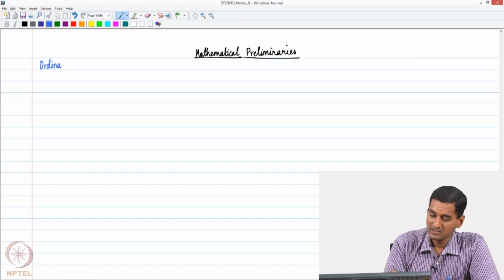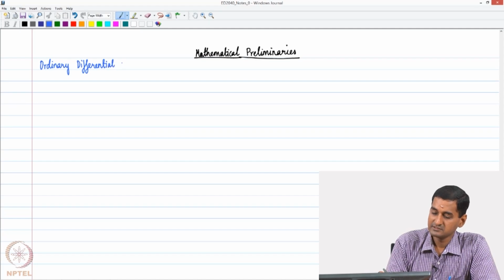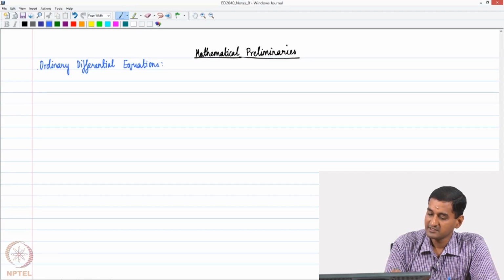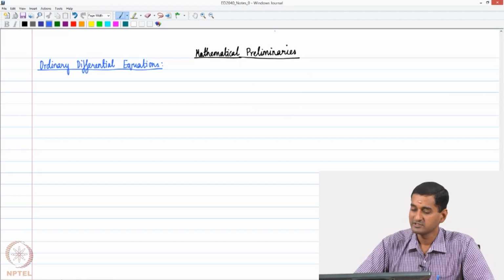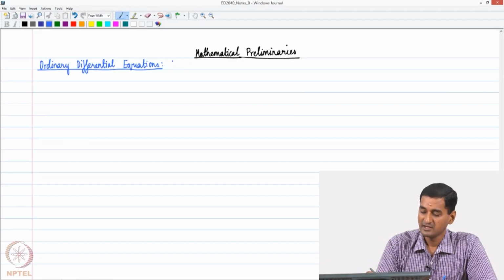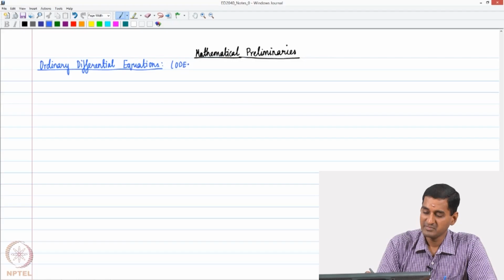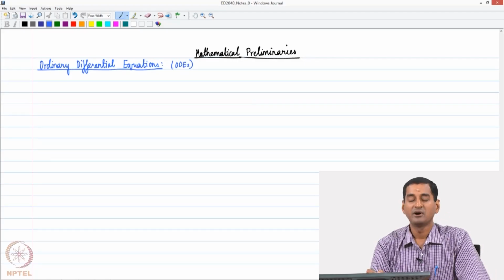So the first mathematical tool that we would require for this particular course is a basic working knowledge of ODEs, right?